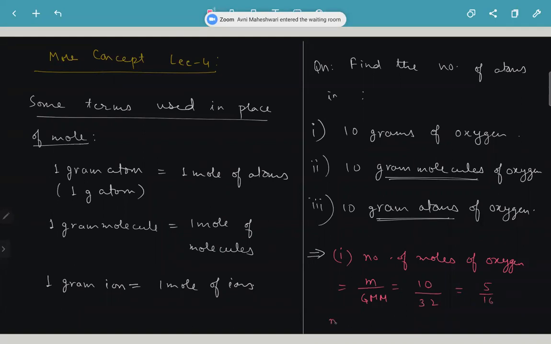Then we'll find out number of molecules. Number of molecules is number of moles into Avogadro's number.